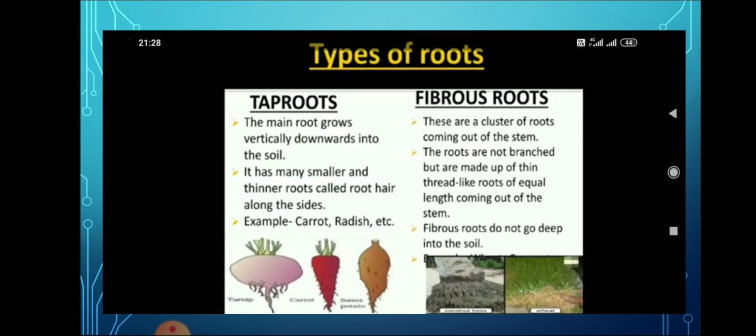Types of roots: tap roots and fibrous roots. The tap root is the main root that grows vertically downwards into the soil. It has many smaller and thinner roots called root hairs along the sides. For example, carrot, radish, turnip.